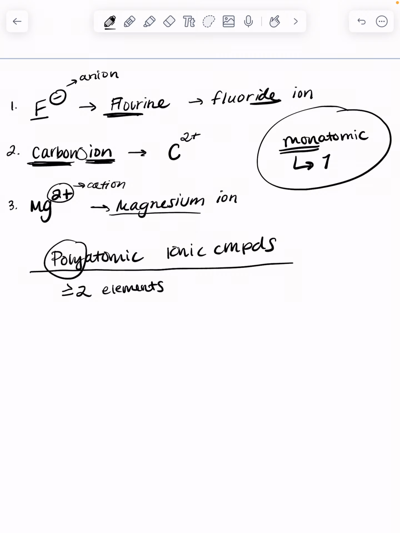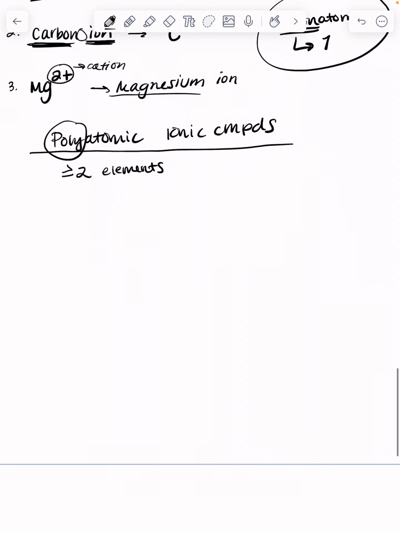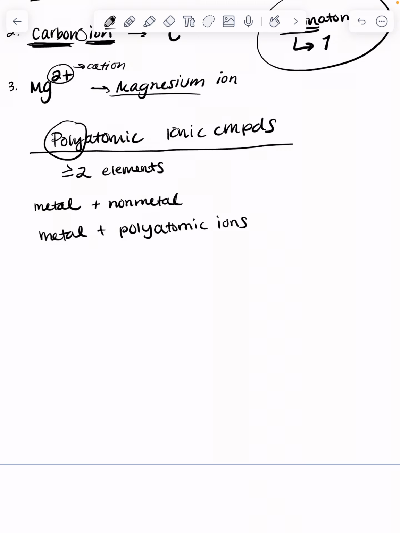Very cool, right? So there's a couple different ways that we can tell if it's an ionic compound with 2 or more elements. You're going to see in this case, it could be a metal or a nonmetal together, right? It could be a metal or one of our polyatomic ions that you should all be studying up on.